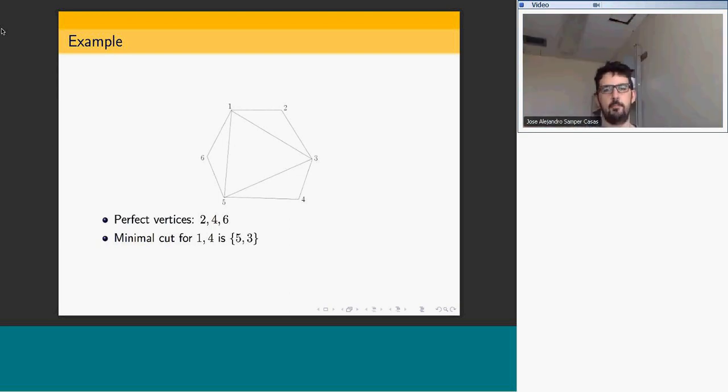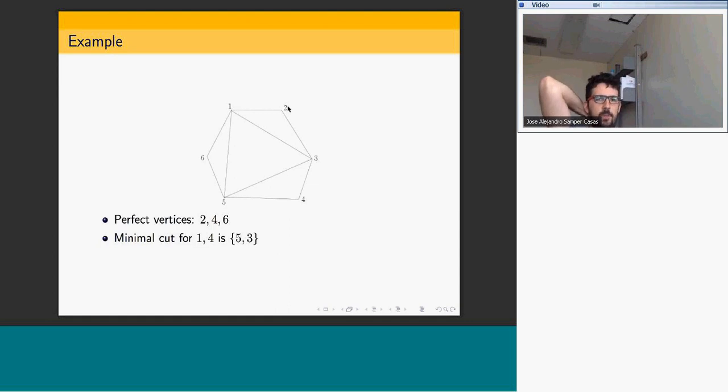For example, in our hexagon example, you can check which vertices see cliques. For example, take 2. The neighbors of 2 are 1 and 3, and they're connected by an edge, so it's complete, which means that 2 is a vertex I could eliminate.